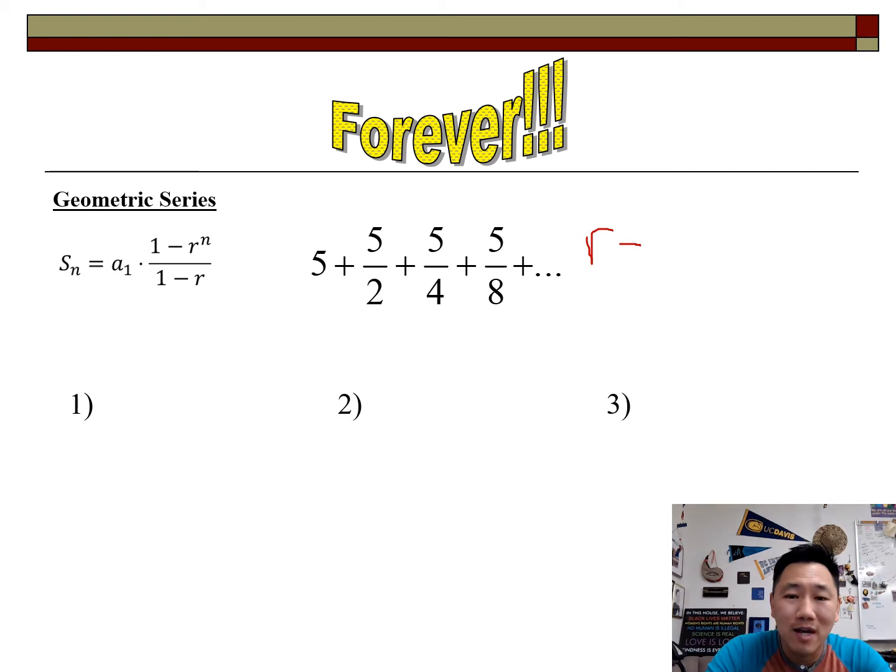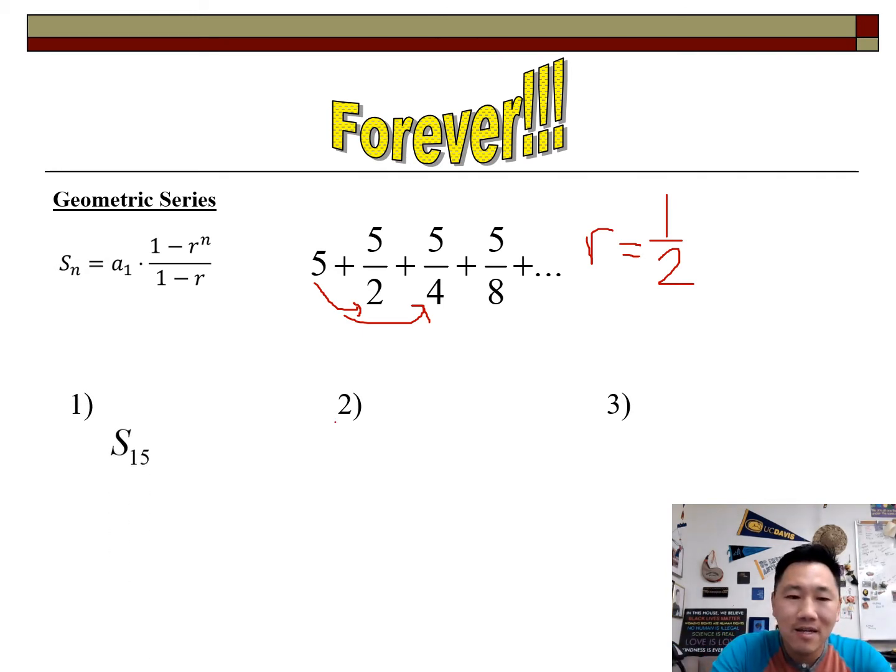What do we multiply to get to the next number? Have you guessed it yet? R is 1/2. You're multiplying by 1/2 every single time.